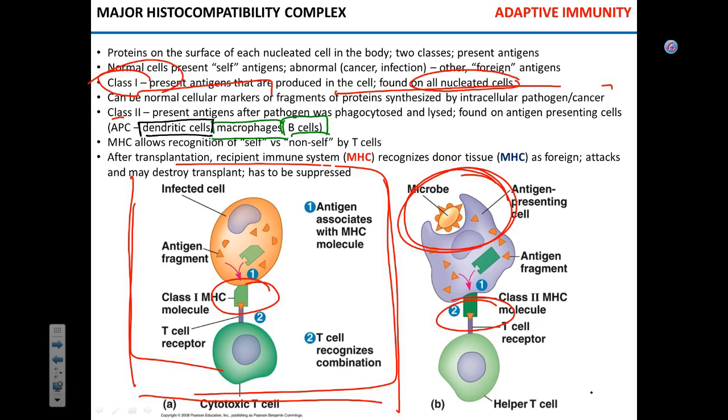If you put my organ into somebody else's body, their immune system will not recognize my tissue as self, because MHC and antigens are different. That's why when there's a transplantation, we need to provide immunosuppression. Does that make sense? Moving on.